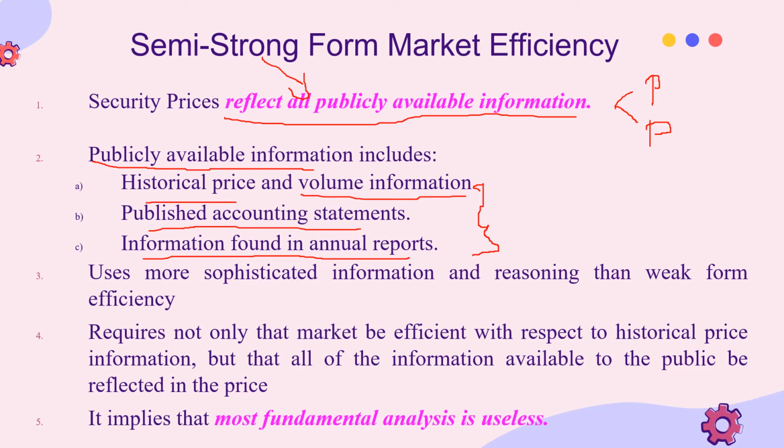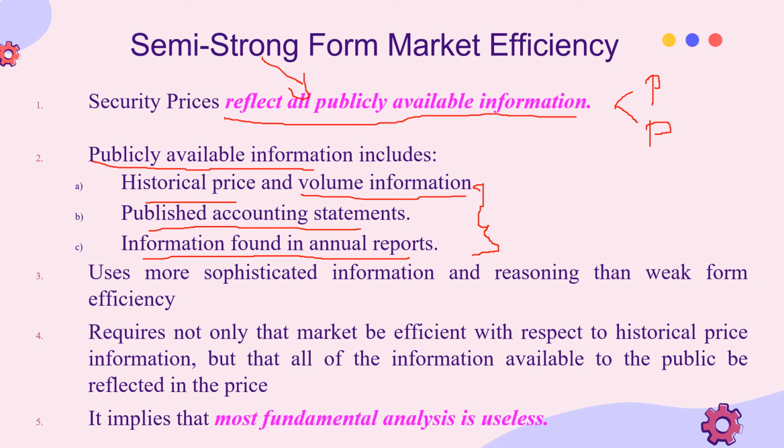Sebab semua ni dah diberitahu kepada public. Maksud dia dalam semi-strong form market efficiency, information are public. Maksud dia everyone know apa dia punya stock price, apa dia punya information. So everyone know.